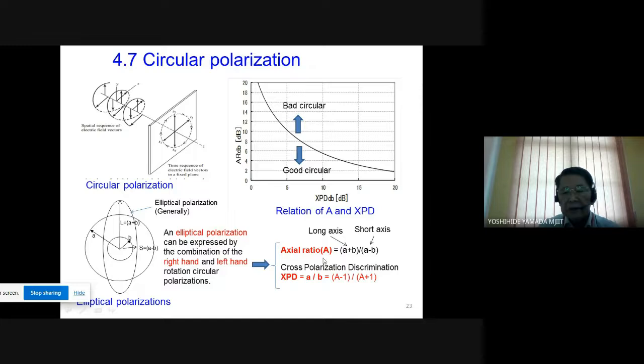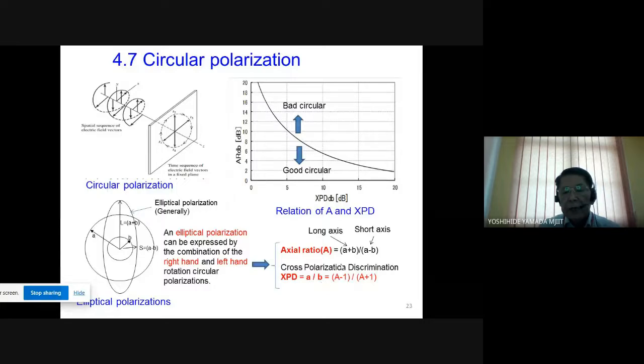That depends on this definition. So this XPD means the ratio of right hand circular polarization to left hand circular polarization.